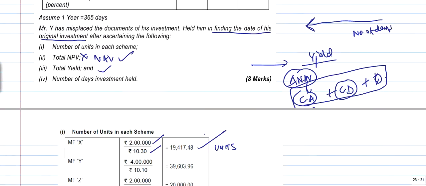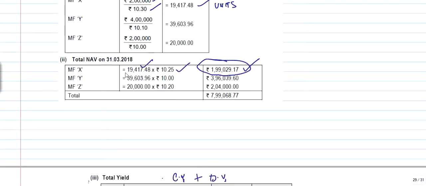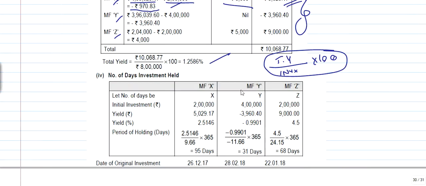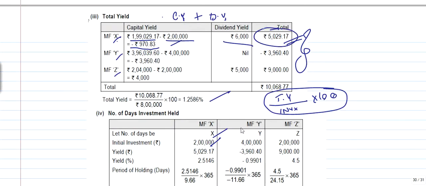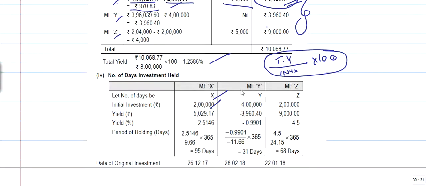Next question, total number of days investment held. So let the number of days for X be X, that's okay. Initial investment, we know 2 lakhs, yield we calculated here 5029.17.